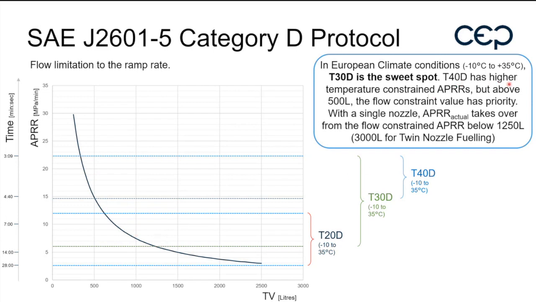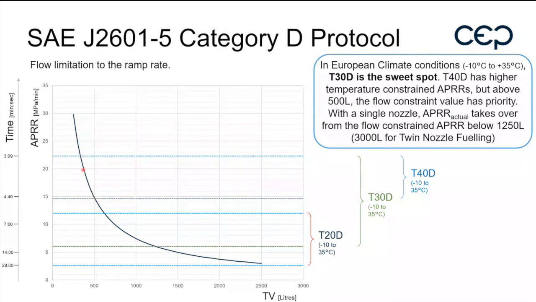So T40D has higher temperature constraints, that is true, but above 500 liter, the flow constraint value has priority. And you can see that here. So T40D is between here 22.2 and this value for -10 degrees.